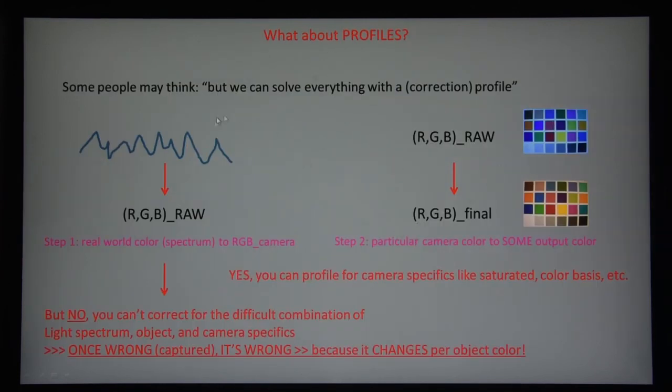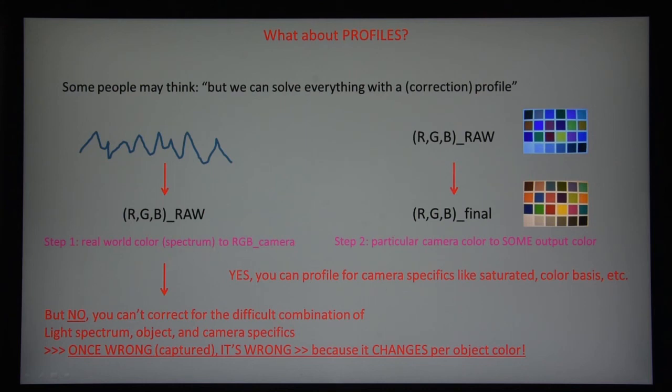So then some people say, can't I solve it by profiles, the magic thing, make a camera profile. But again, the profile won't solve the conversion of a spectrum to the red, green and blue pixel measurements the camera actually does. Once this is done, if it's wrong, it's wrong.